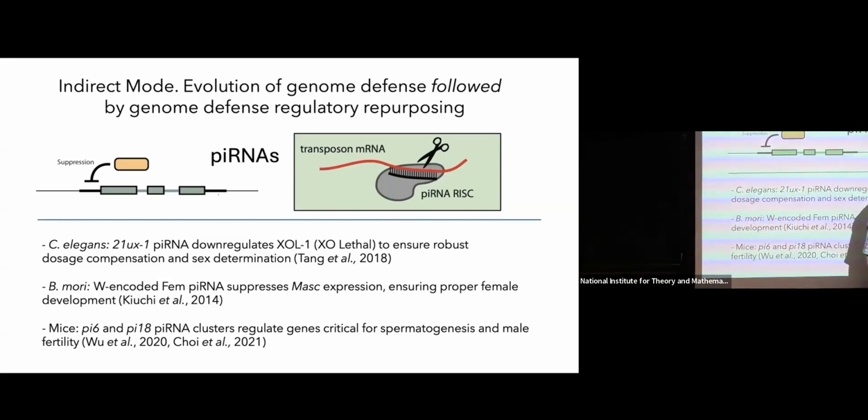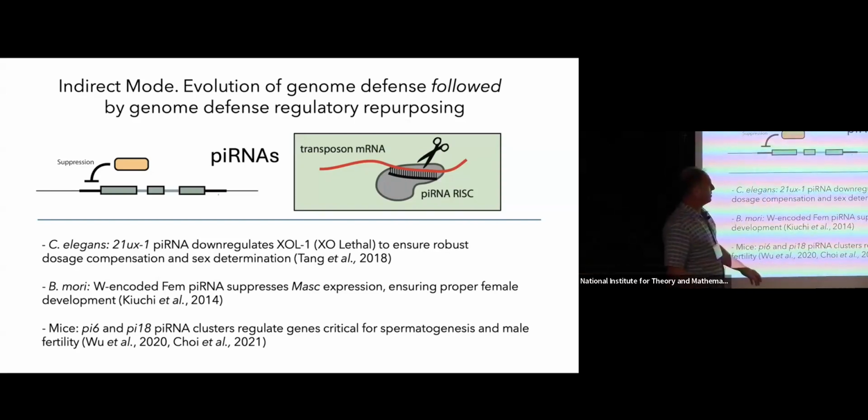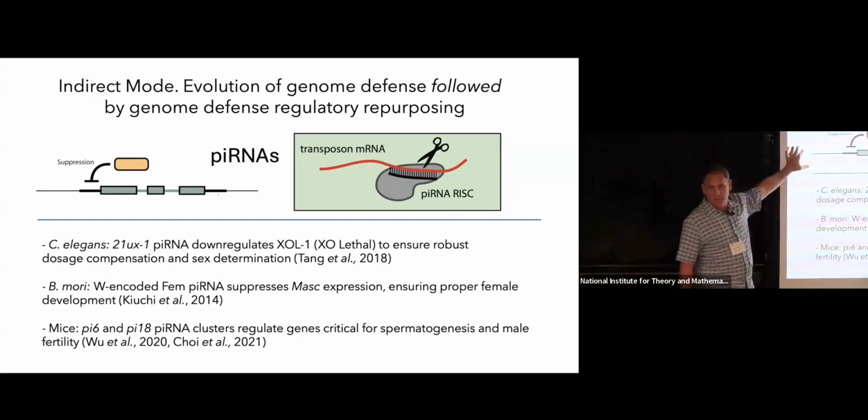And then the Piwi protein cleaves the transposon mRNA. They don't just cleave; they can also go into the nucleus and silence things through chromatin. So piRNAs in animals are a really important way in which transposable elements are regulated.